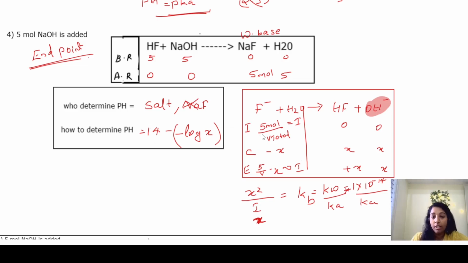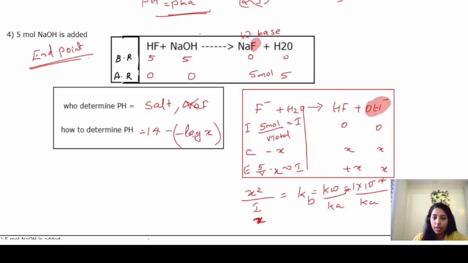See how many steps you did for this endpoint. In the previous case it was very simple, just 7, with no calculation. But this time you need this much calculation. Why? Because the salt, this F minus, is the reason for these steps. Since it's a weak base, you calculate the ICE table, from the ICE table you calculate OH minus, and then you calculate the pH.